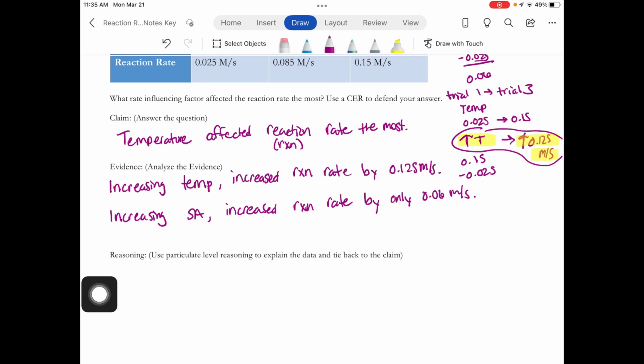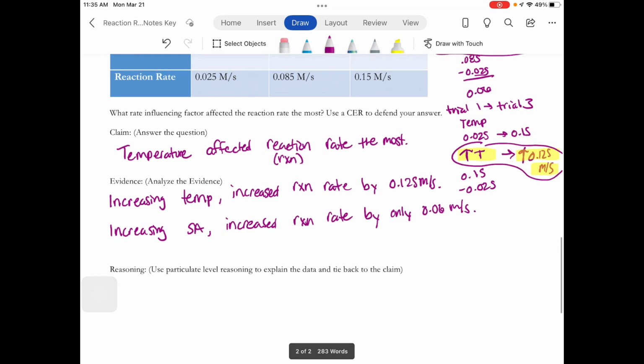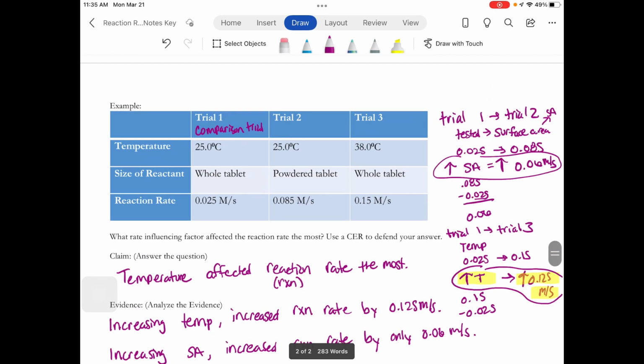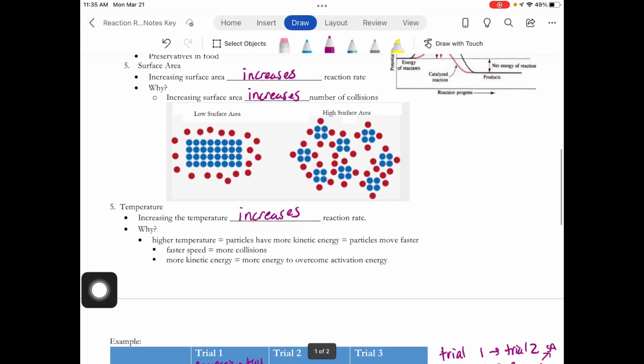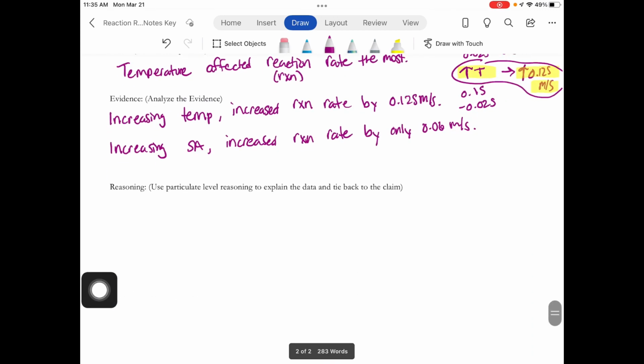Now we're going to use particulate level reasoning for our reasoning. So the reason why it affected it more was because that increase in temp created a faster speed and more kinetic energy.